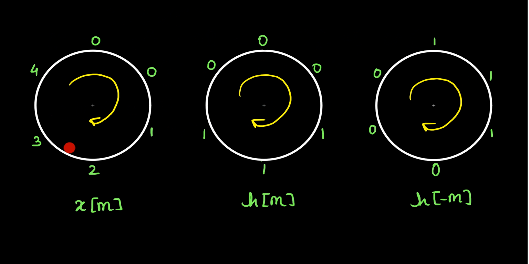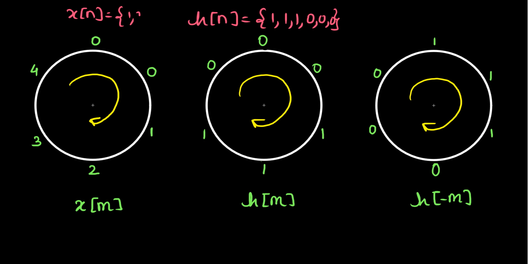So this is x of m. We start from here. So it is 1, 2, 3, 4 and 0, 0. Basically this is the increasing direction for n. Similarly, we have h of n equal to 1, 1, 1, 0, 0, 0, and x of n is equal to 1, 2, 3, 4, 0, 0.